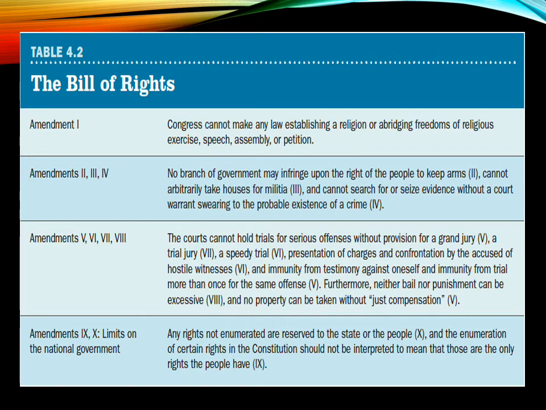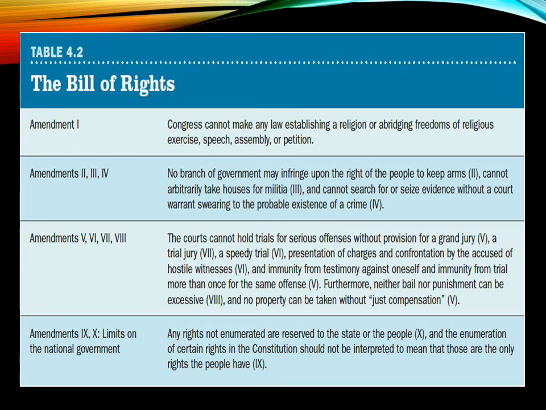And what the Second, Third, and Fourth Amendments are saying is that no branch of government can infringe upon these particular rights of the people: to keep and bear arms. The Third Amendment says that you can't arbitrarily take houses from people and give them to the militia.